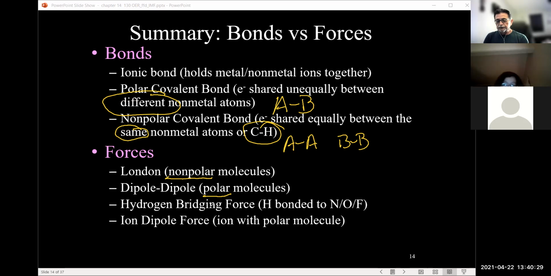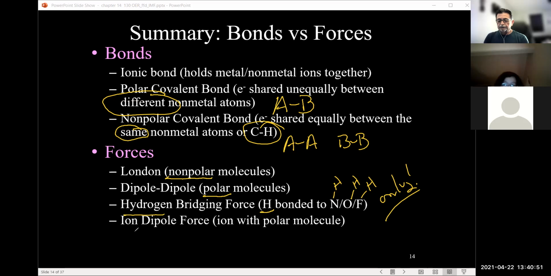And the hydrogen bridging is only those polar molecules that have hydrogen bonded to nitrogen or oxygen or fluorine, okay, only. They have the hydrogen bridging force.